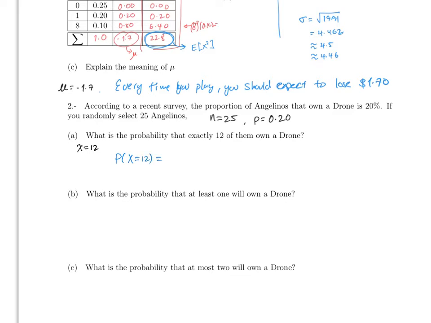So if we apply the formula, it will be 25 choose 12, 0.2 to the 12, and then 0.8 to which power? Anybody? 13. Remember, it has to be 13. Why? Because this plus that has to add to 25.